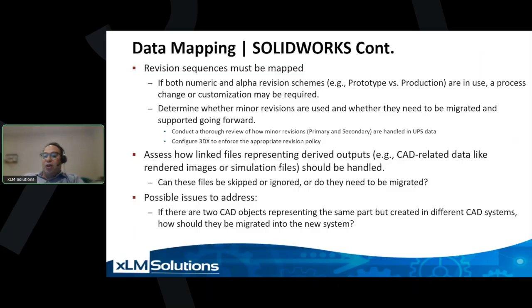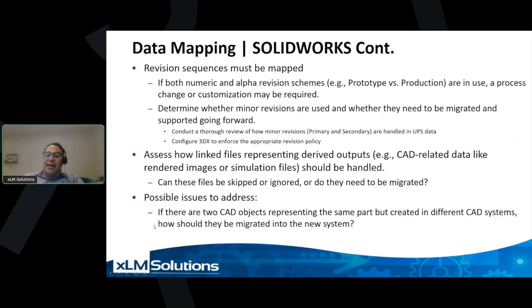It will create viewables of the SOLIDWORKS data, but not necessarily the derived outputs. So if you need the derived outputs, that's maybe something that needs to be created after the fact, or migrated after the fact, post-processing, to get those into the system. Definitely they can be migrated in, but not necessarily as part of a core SOLIDWORKS data migration.